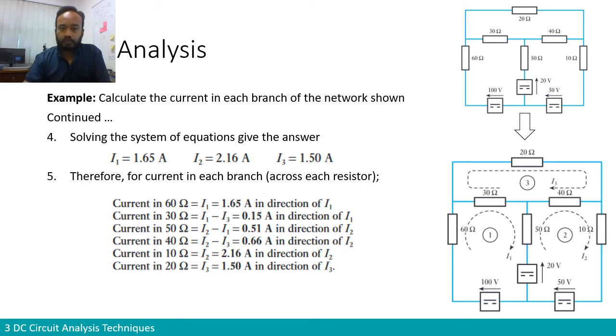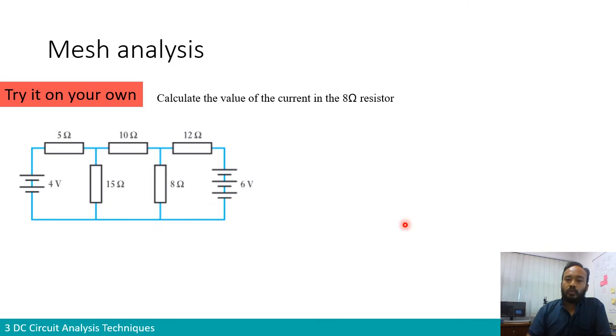Okay, so that is mesh analysis. To check your understanding, I strongly suggest you do this exercise. This is an exercise that we're going to try to do together in the tutorial session, and we'll try to simulate it using Multisim to familiarize you with instrumentation and measurement on electrical circuits.